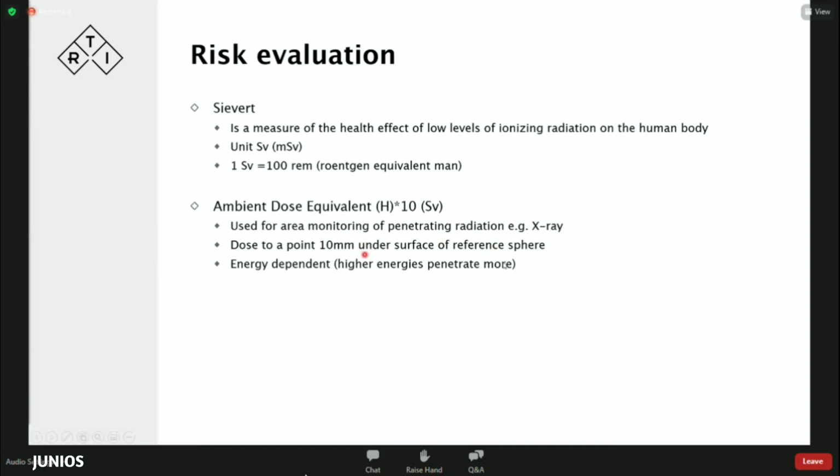So this is basically the kind of calibration that is used for instruments that show ambient dose equivalent. This is used for energy-dependent radiation that has higher penetrating energies.